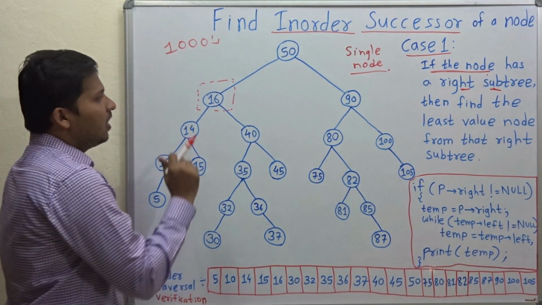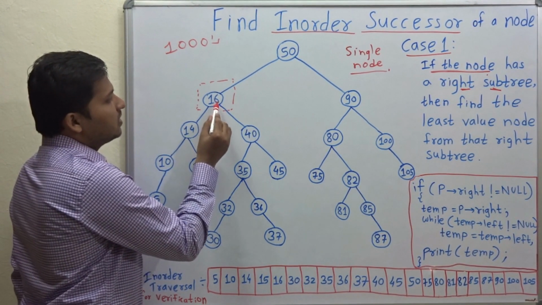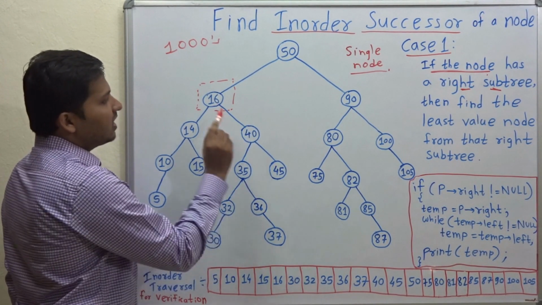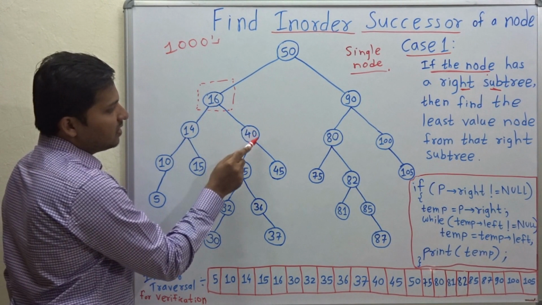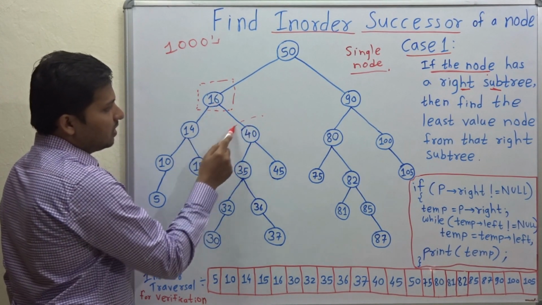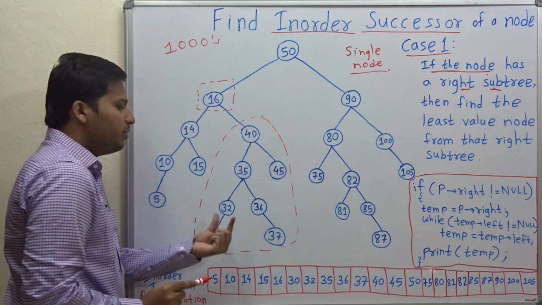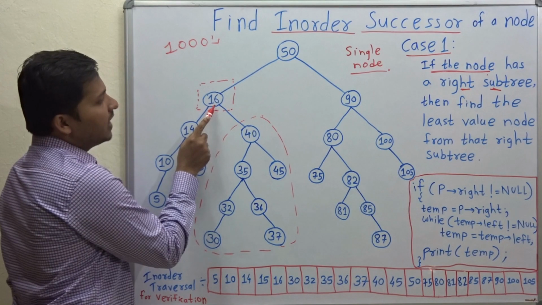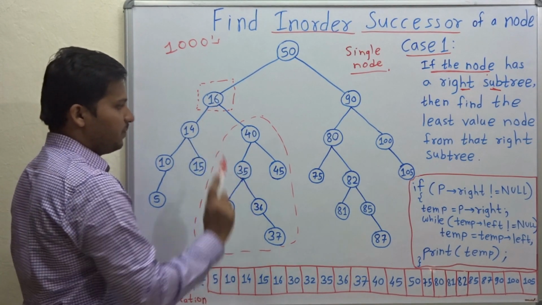So as you know, in a binary search tree, the right side contains all the values which are greater than the node. So in the right subtree of 16, there will be nodes which are having greater value than 16 because it is the right subtree of 16.